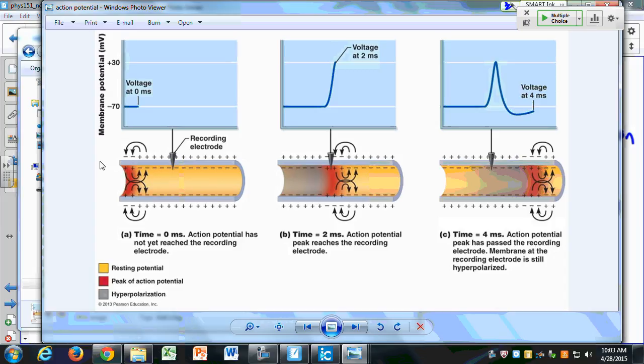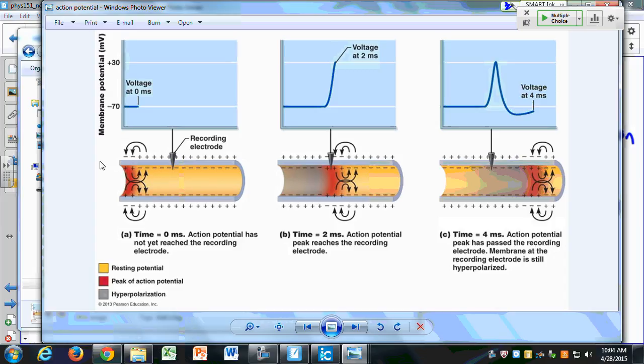Now, when it comes here, this sort of wave of activity comes, and causes the voltage, because these positive charges are coming in and negative charges are going out. I get a positive potential here, which shows our voltage here. And then after it goes past, it returns back to its normal. So it's not the same as electrical current in a wire that we think about, where these charges are moving sort of in a straight line.